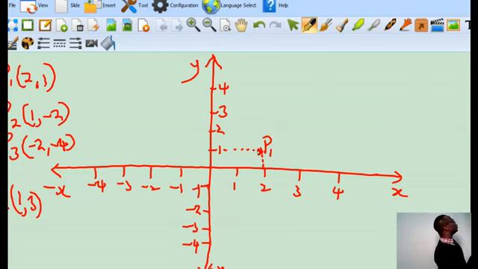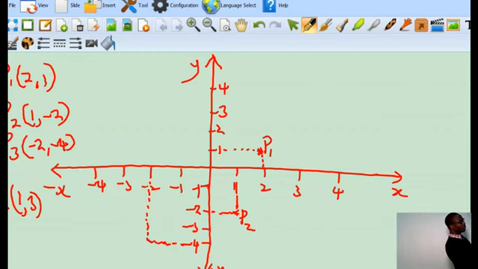Now P2 (1, -2): x equals 1, y is -2, so it comes down, and this is where they intersect. That is our P2. Now P3 (-2, -4): this is our -2 and -4.